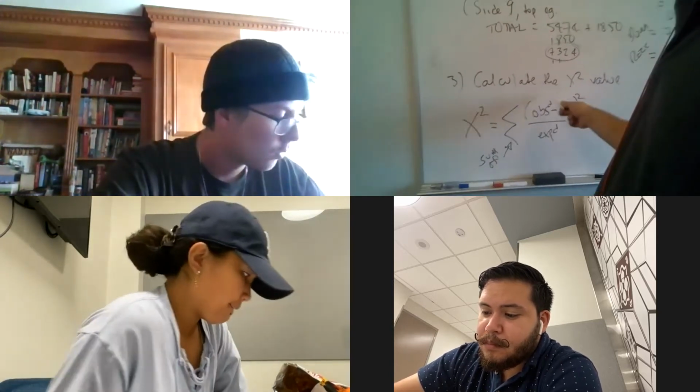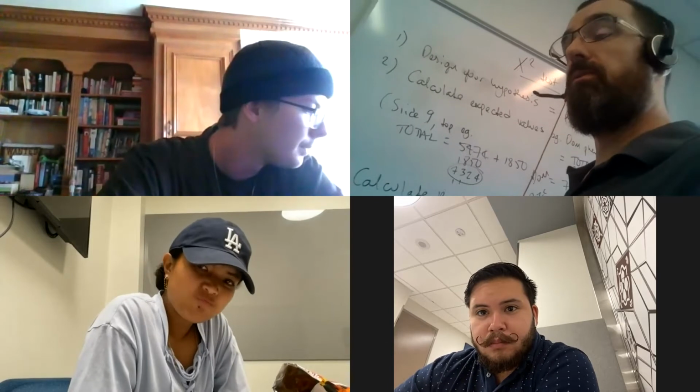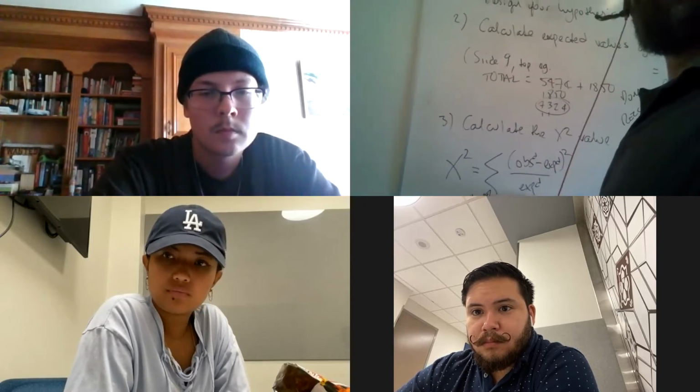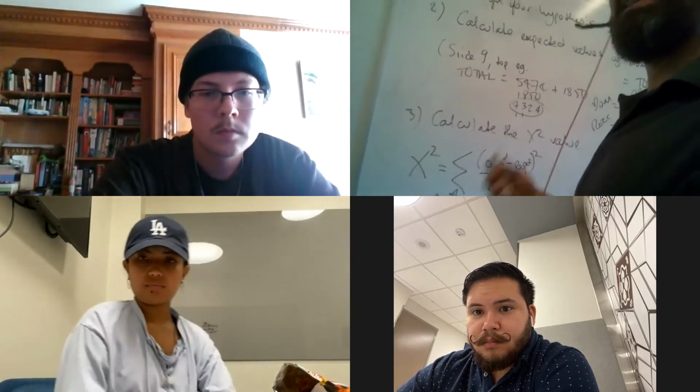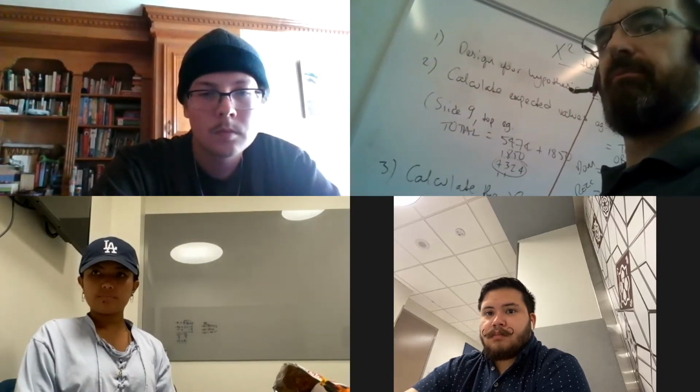So essentially what this means, to kind of parse it out, is for every single class of whatever you're observing, you work out the difference between what you expect and what you observe. And the reason why you divide it by the expected is you need to take into account the size of those values, right?